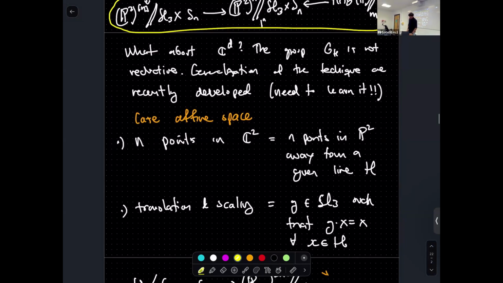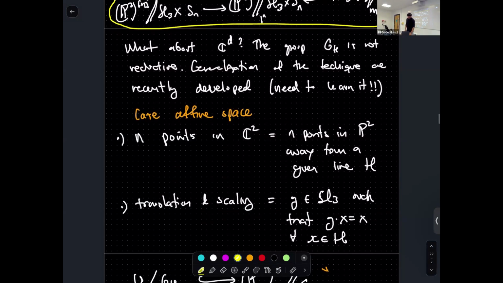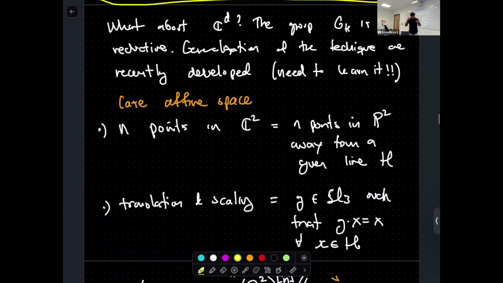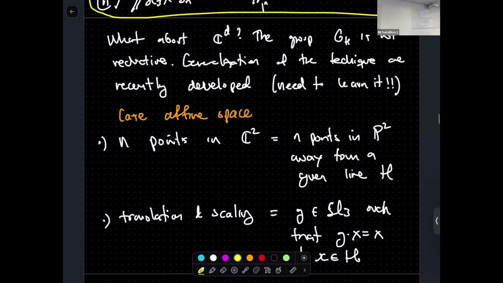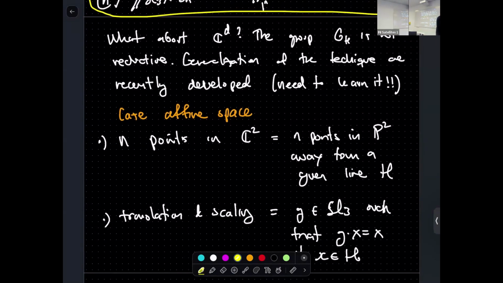So this is kind of a pickle, but all these spaces have been discussed over the years. So you said, well, Patricio, but you started talking about that. Also, you wanted to look at the affine space.